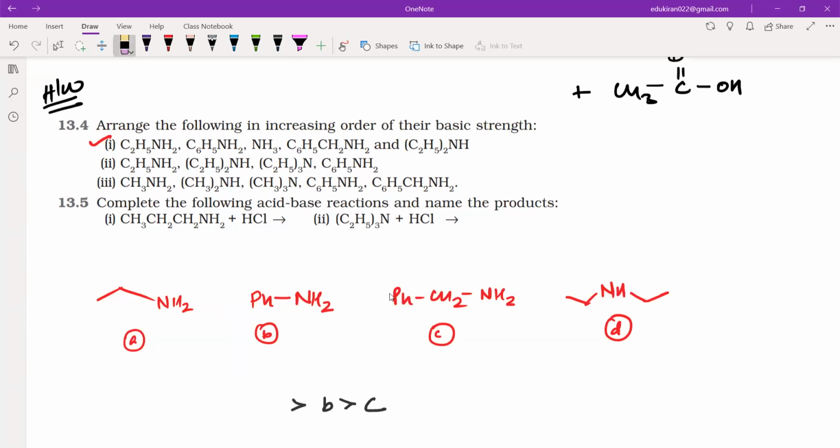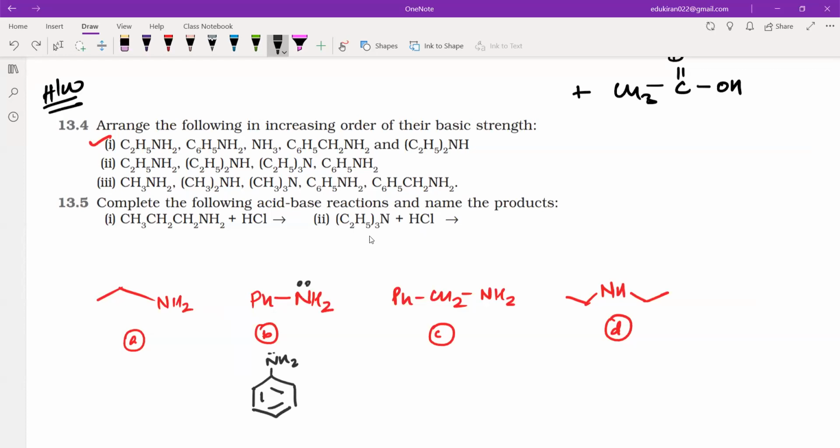I think you said it right the first time, that B is going to be the least, because these 2 electrons are delocalized in resonance. Right? Yes or no?